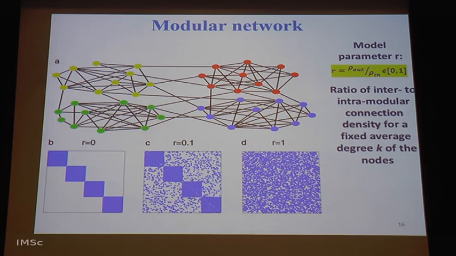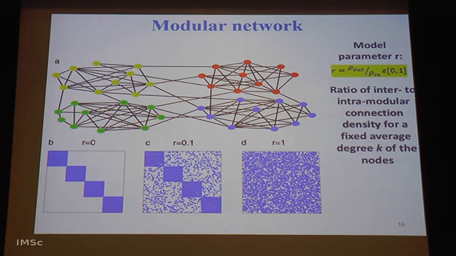We used one model parameter, R, the ratio of inter-modular to intra-modular connection density, that is, the number of connections with other module members divided by the within-module connection density, for a fixed average degree k of the nodes.